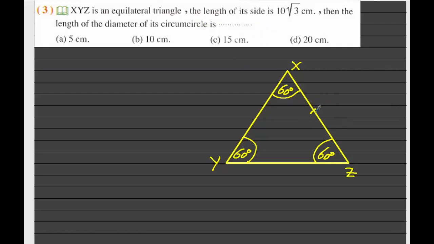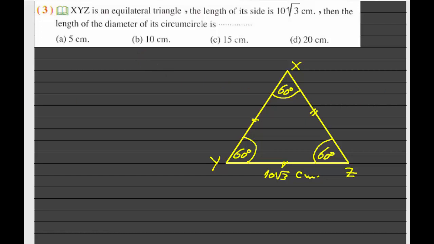The length of its side is 10 root 3. So it is an equilateral triangle. The three sides are equal, each equals 10 root 3 centimeters. Then the length of the diameter of its circumcircle is? Now, what is the relation between the sides, the angles and the diameter of the circumcircle?